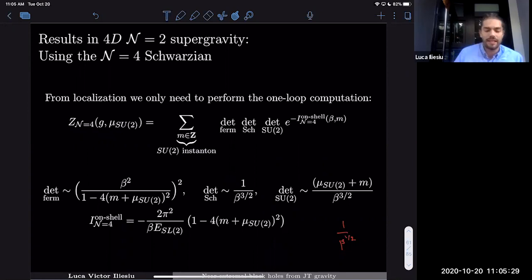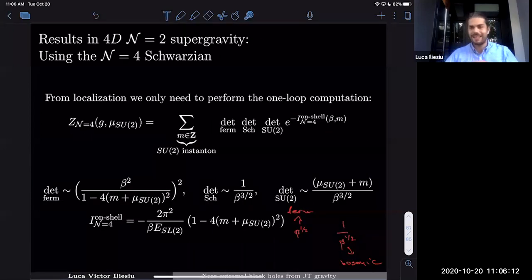Now, as I mentioned previously, there are 8 total generators of PSU(1,1|2) that are fermionic. And each fermionic zero mode comes with an opposite power compared to the bosonic part, so it should come with beta to the 1/2 for fermionic, while this was bosonic. So the power that I expect, with 8 fermionic zero modes, would be beta to the 4th, which is precisely the power that I find in the one-loop determinant of the fermions. So now I can put everything together.